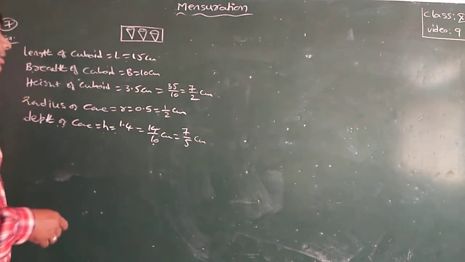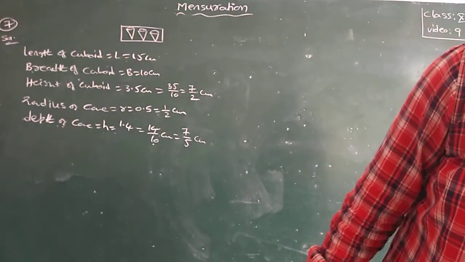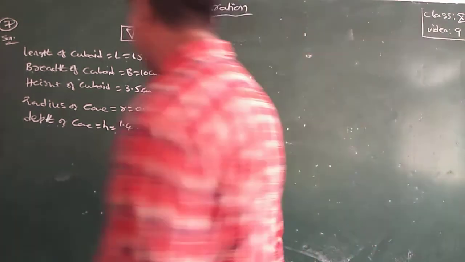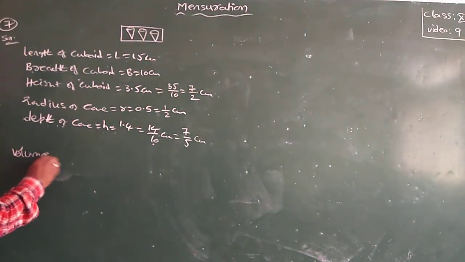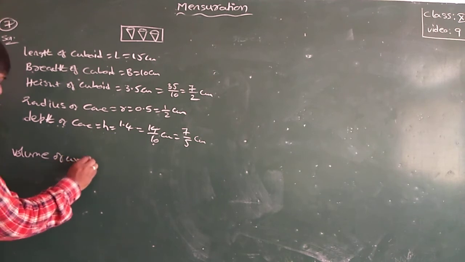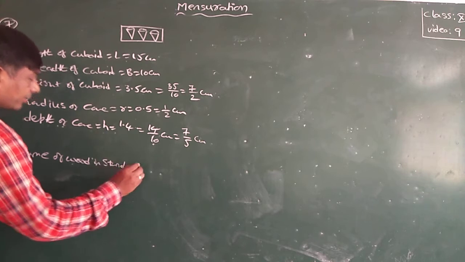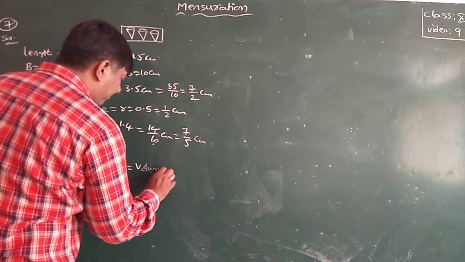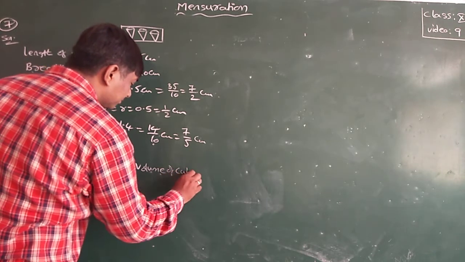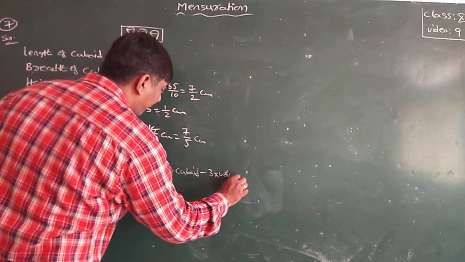Now, what they asked you: find the volume of the wood. Volume of wood in the stand is equal to volume of a cuboid minus 3 into volume of cone.